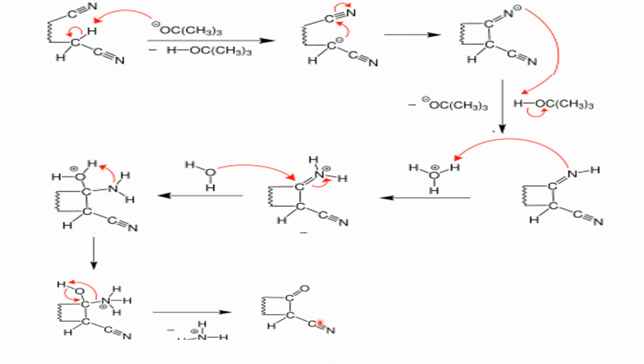This is the mechanism of the Thorpe-Ziegler cyclization reaction. So in the Thorpe-Ziegler reaction, alpha omega dinitriles undergo cyclization reaction intramolecularly to form the final cyclic cyanoketone.